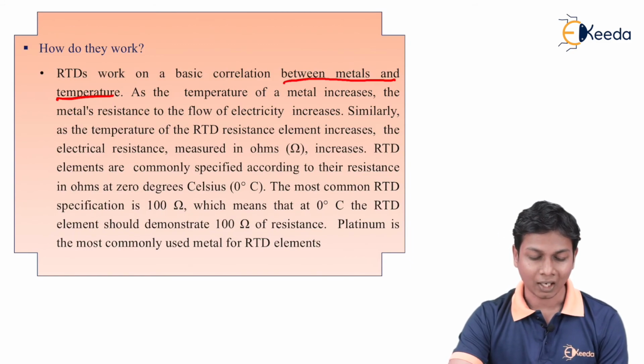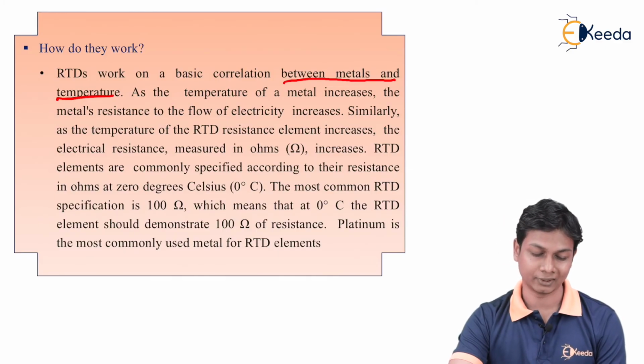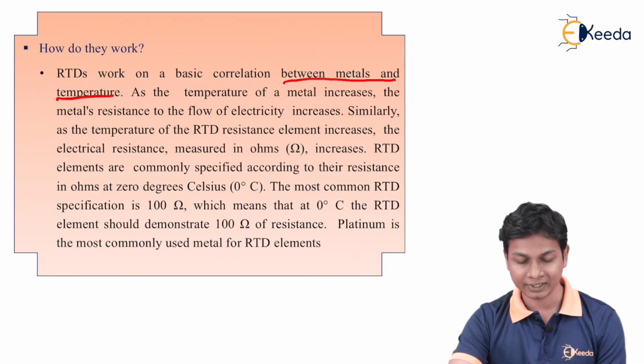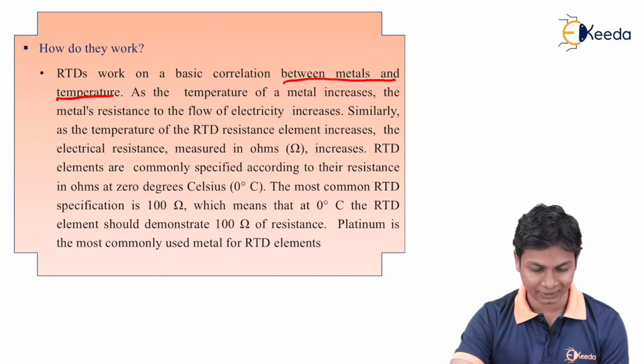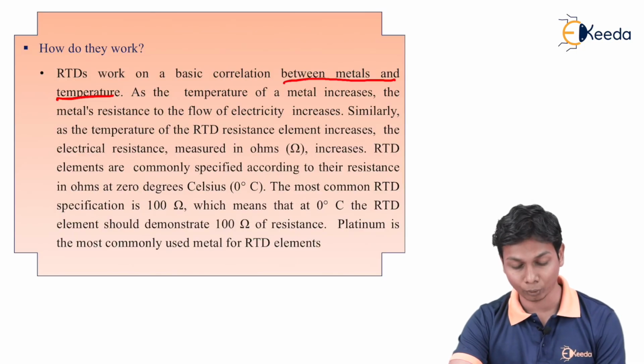RTD elements are commonly specified according to their resistance in ohms at 0 degrees Celsius. Whatever the resistance is at 0 degrees Celsius, the element is specified according to that. Most RTDs are specified as 100 ohm.